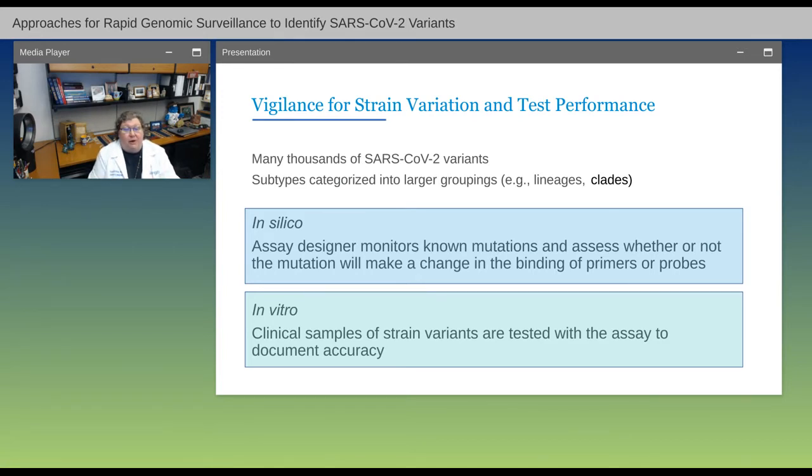The two main ways to do that are in silico testing, where the laboratory or the assay designer will monitor known mutations and check them against the primer and probe regions of their testing and make sure there's no problem with the binding of the primers or probes. And then we have in vitro testing, where actual clinical samples with known strain variants, or unknown strain variants, are tested to identify if those are meeting the criteria for a variant of SARS-CoV-2.